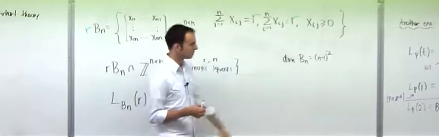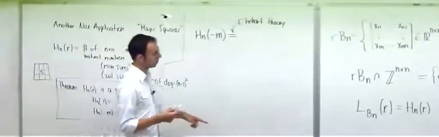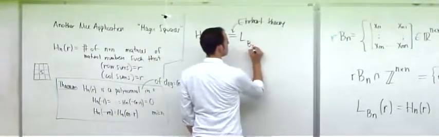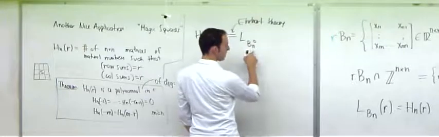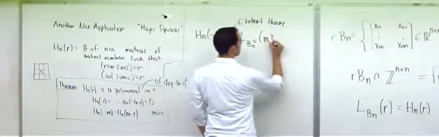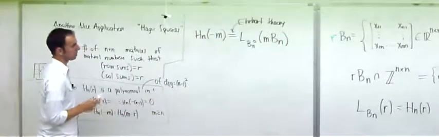It's kind of a quick argument for that. So Ehrhart theory tells you that when you plug in minus m, you are just counting the lattice points in the interior of m times this guy.